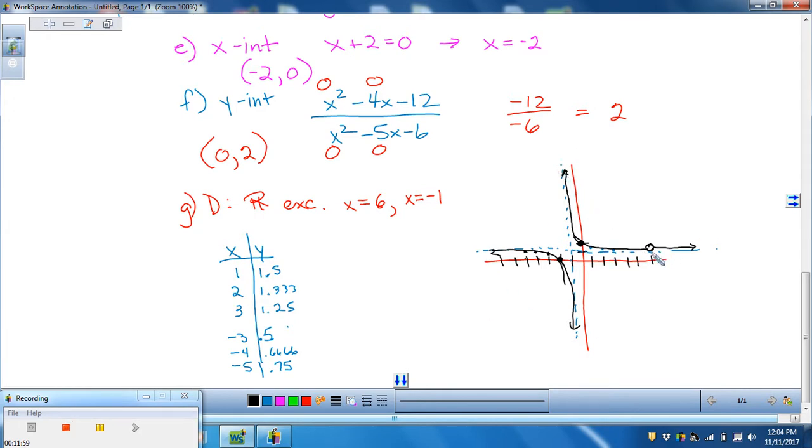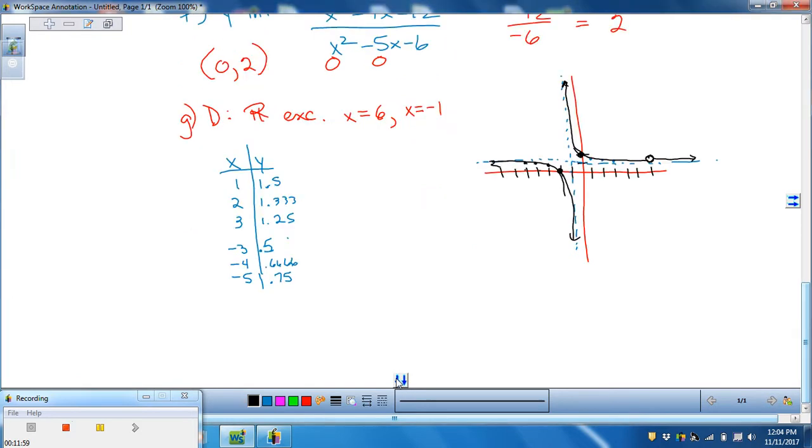Now again, at the hole, we put an open circle, and now we're going to determine the end behaviors, or the behaviors around the asymptotes and the holes. So let's go ahead and start with the left side of the function. And let's talk about the behaviors around the asymptotes.